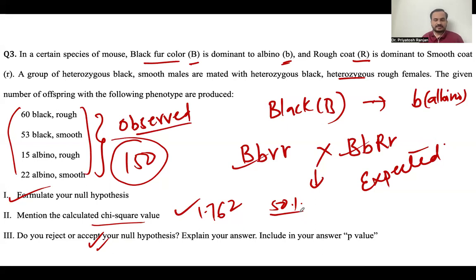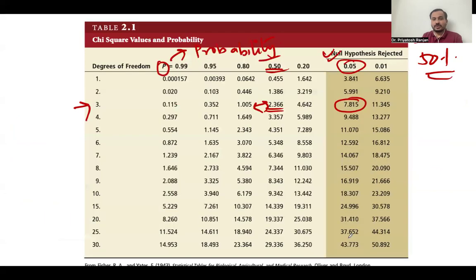Explain your answer. This is all you can write. And we all know that only if the p-value is 0.05 or 5% or less than 5% do we reject the null hypothesis. Include in your answer the p-value; you can write the range, or even if you write 0.5, it should be okay.